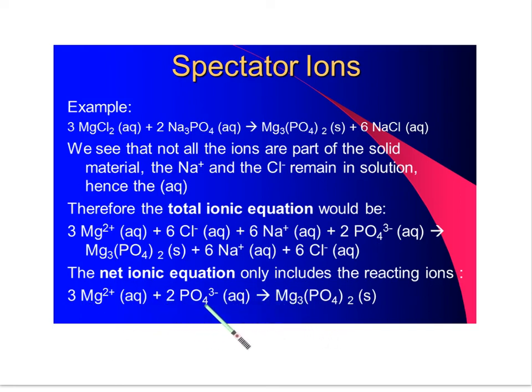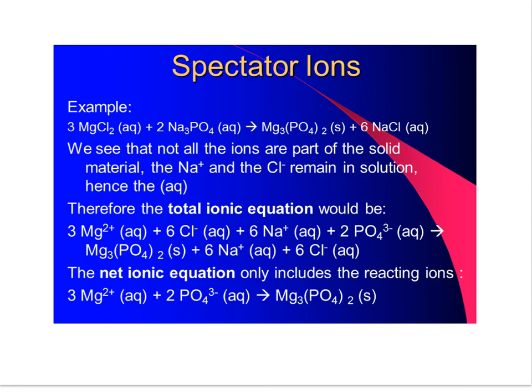Here I've got the 2 PO4 3- and the 2 PO4s, okay? But in terms of charge, I've got on the reactant side 3 units of these, each with a charge of 2+, and so that's 6 positives. And here I've got 2 units, each with a charge of 3-, and so I've got 6 negatives. And so the total charge on the reactant side here would be 0. And the total charge on the product side is also 0.